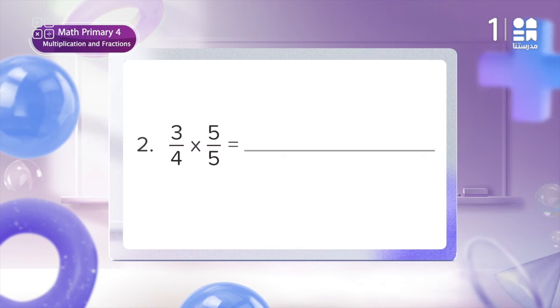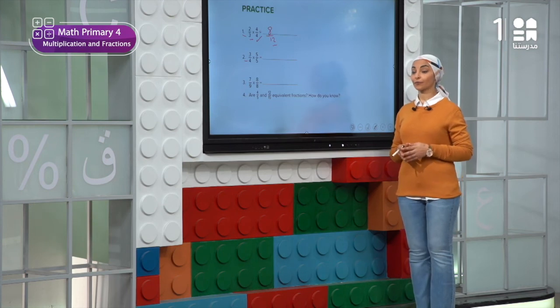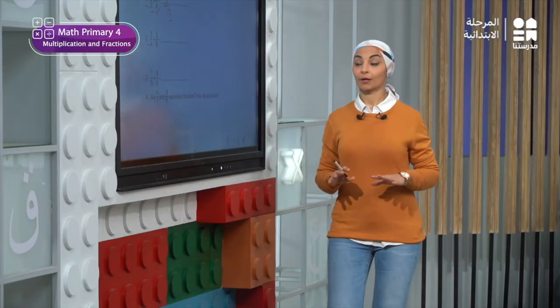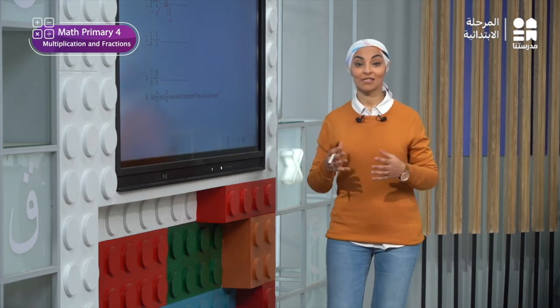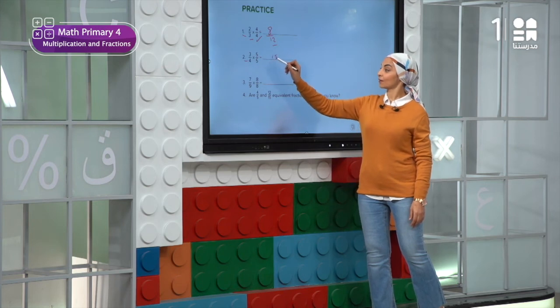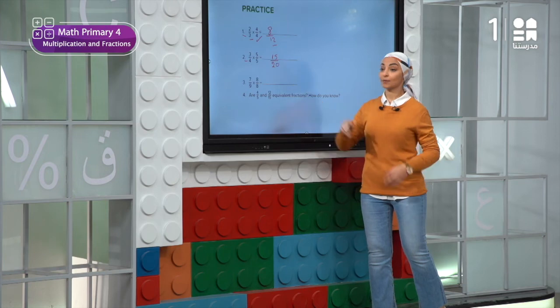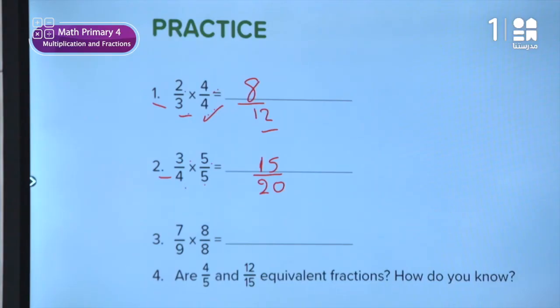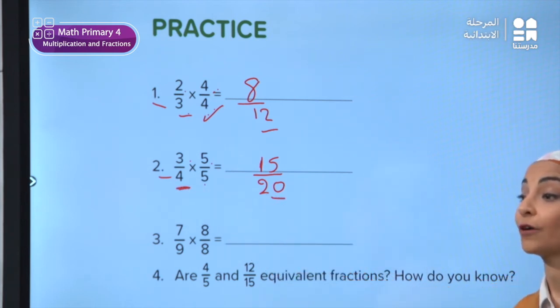Let's see problem number 2. Problem number 2 we have 3 over 4 times 5 over 5. The same thing. I will do numerator times numerator and denominator times denominator. So 3 times 5 is 15 and 4 times 5 equals 20. So I have 15 over 20, which is an equivalent fraction to 3 over 4.